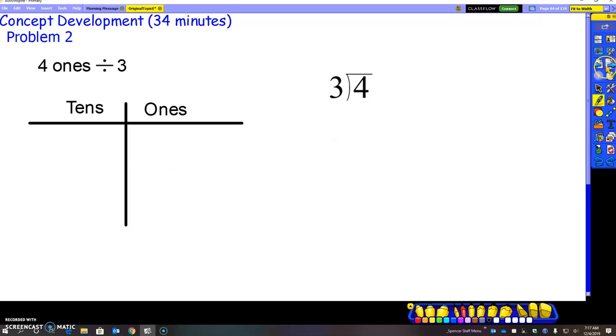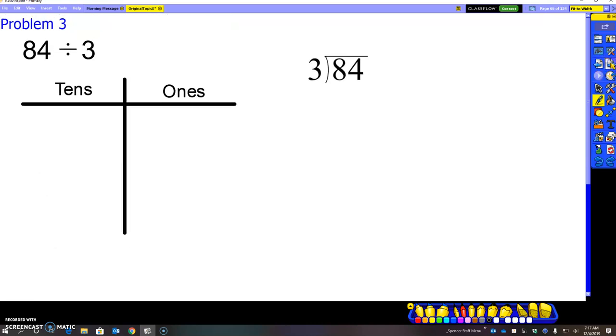Let's jump to this one. I've got 84 divided by 3. Go ahead and set up your tens and ones chart, your place value chart, and your algorithm. I'm going to start drawing in my 8 tens and my 4 ones.